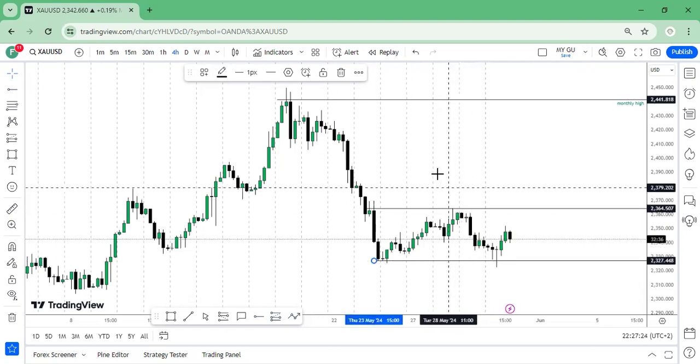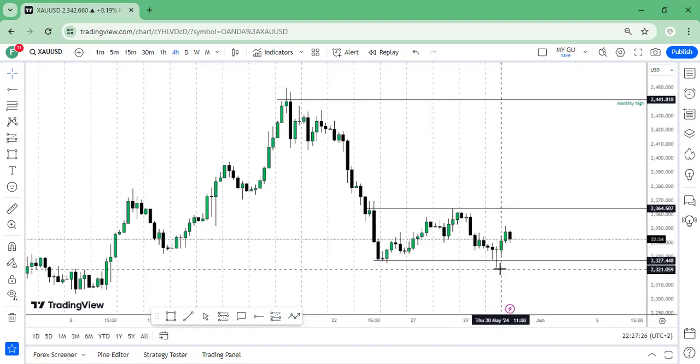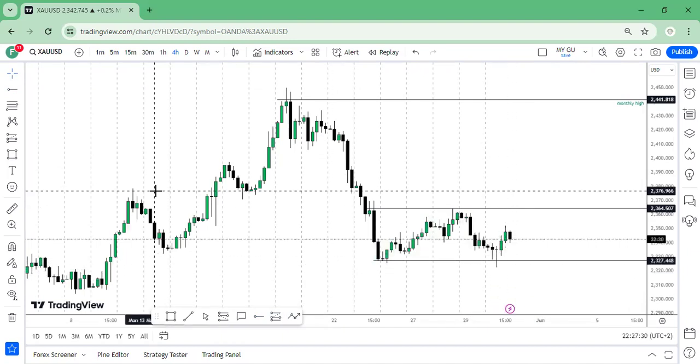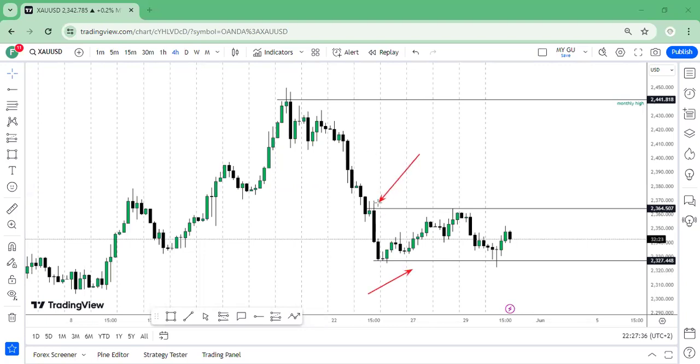There is nothing else that I would add right there, because right now what I do know is price has created a low, price has created a high. This was the first high, second high to confirm, first low, second low to confirm. Price has touched the up and the bottom twice, confirming our range.